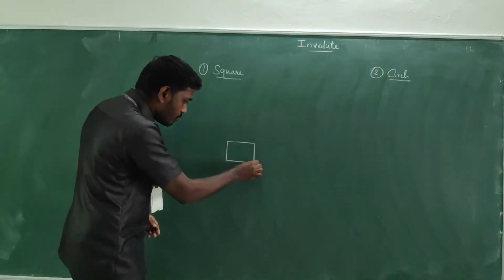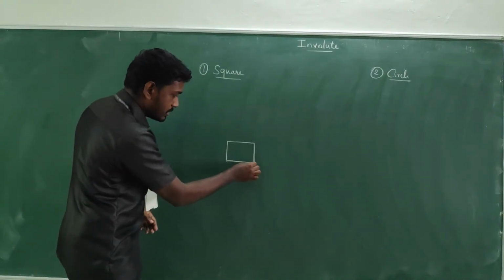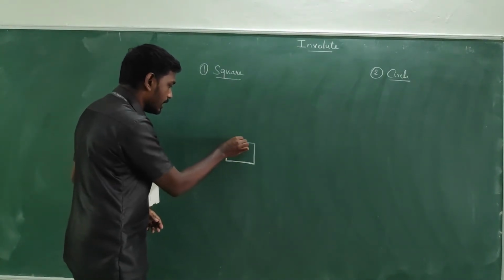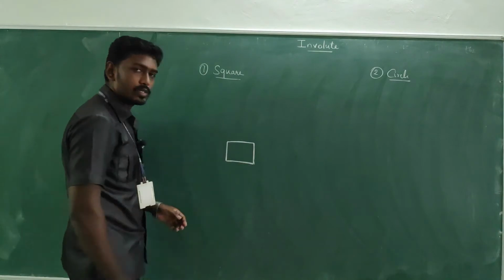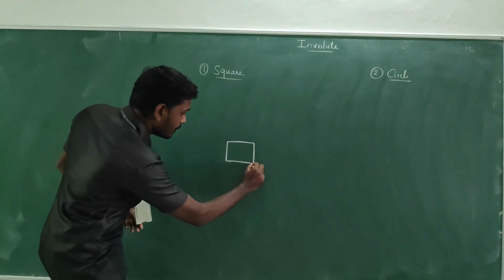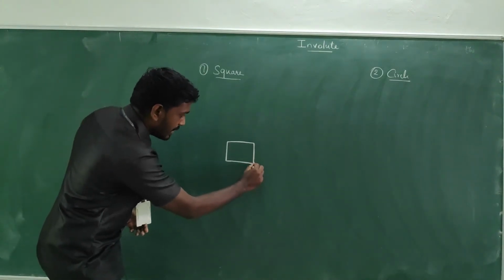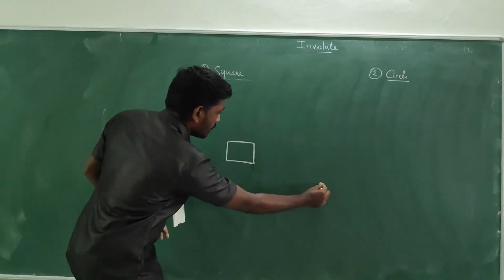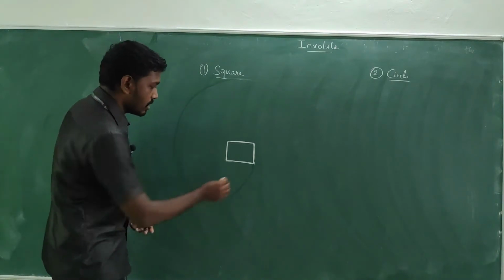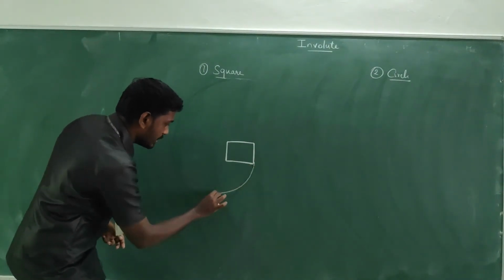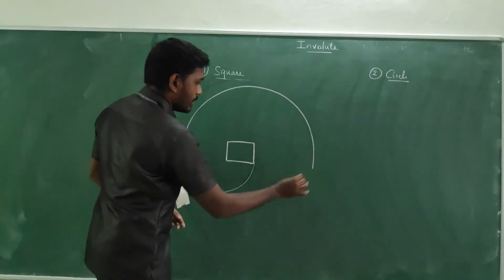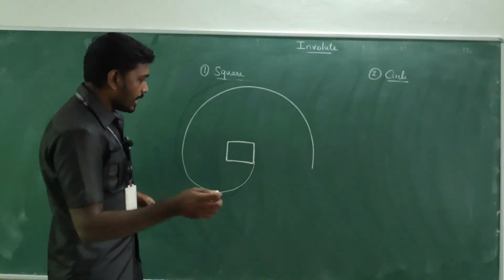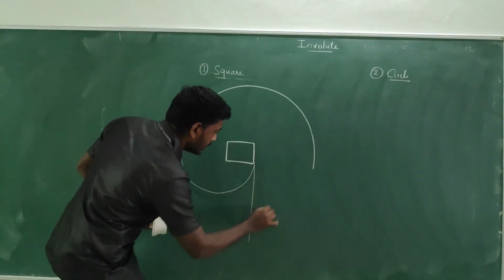I have wound the string from this end like this, and it is kept very tight. Now I am going to peel it and see how it is. That means the trace. You will get the trace in this manner when it is unwound.